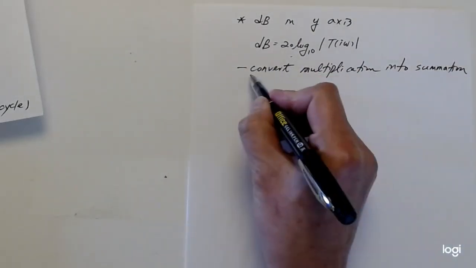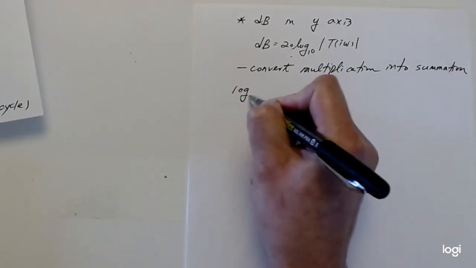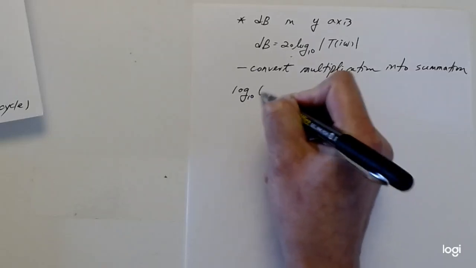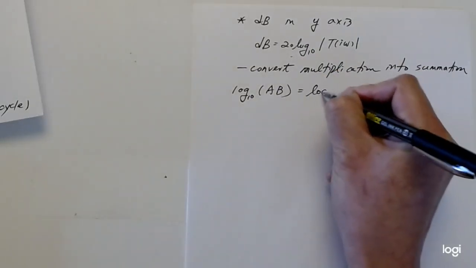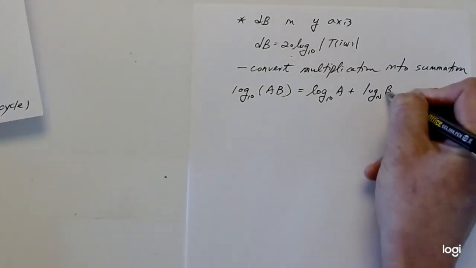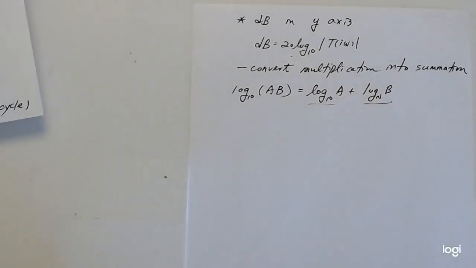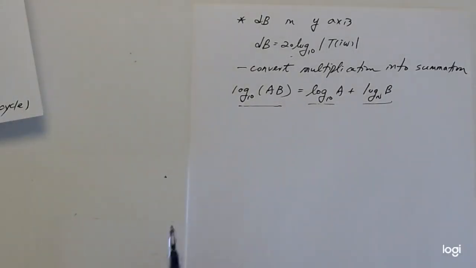So when we use this log, let's say log of A times B, then you can convert multiplication into summation.